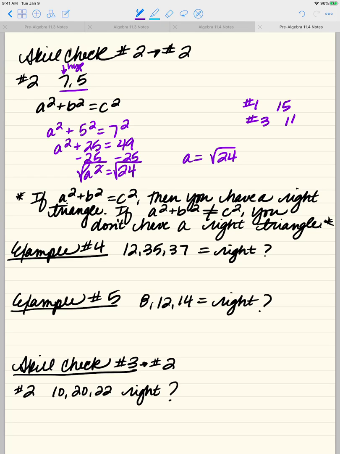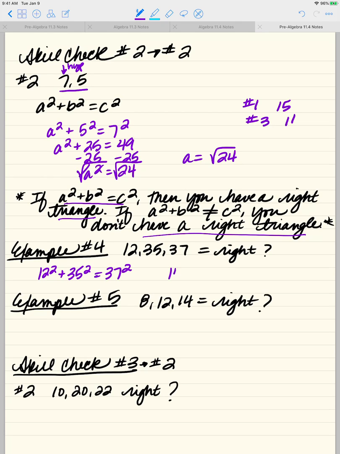Okay, by definition, if a squared plus b squared is equal to c squared, where c is the longest side in the triangle and it is across from the right angle, then you have a right triangle. If a squared plus b squared is not equal to c squared, then you do not have a right triangle. So example number 4 says you have a triangle with 3 sides. The 3 sides are 12, 35, and 37. Is this a right triangle? Well, if it is, that would mean that 12 squared plus 35 squared is equal to 37 squared.